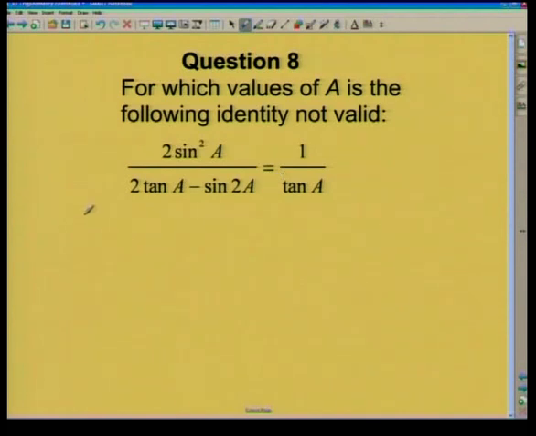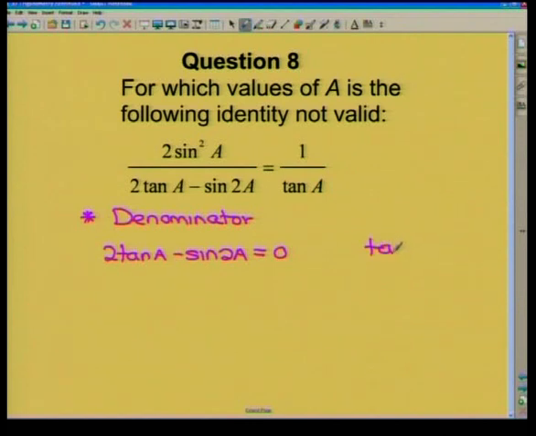The first thing I always look at is the denominator. So the denominator is 2 tan A minus sin 2A equal to 0, and the other denominator is tan A. So when is it not valid? It's not valid when this equals 0 and when this equals 0.